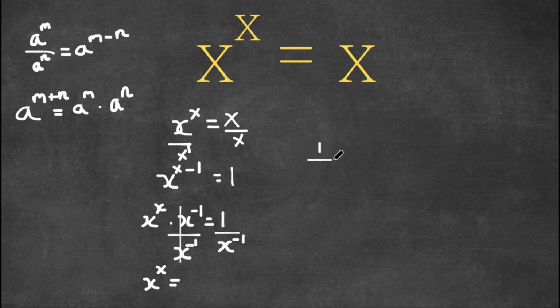This is the same thing as 1 over 1 over x to the power of 1, so this would be 1 over 1 over x. And 1 over 1 over x is simply equal to x. So 1 over x to the power of negative 1 is simply just x. So now we get x to the power of x is equal to x.